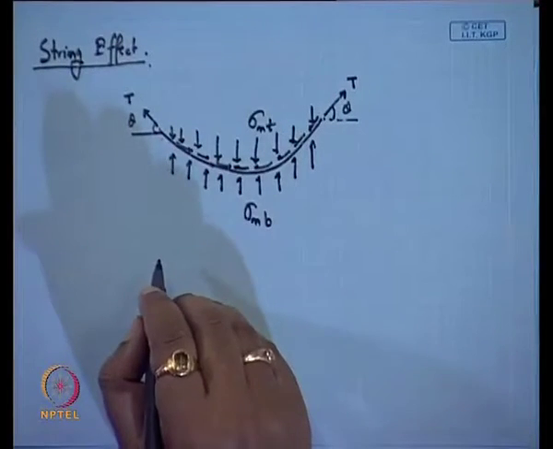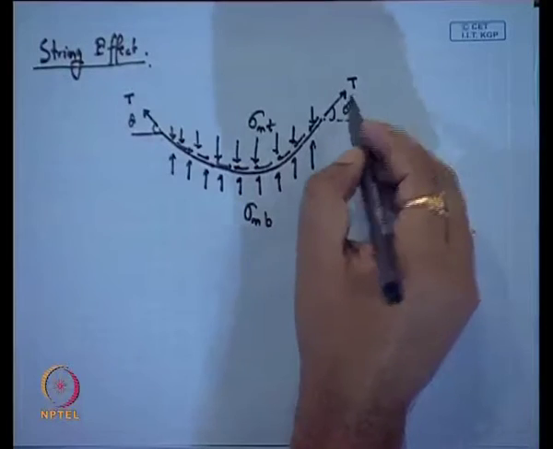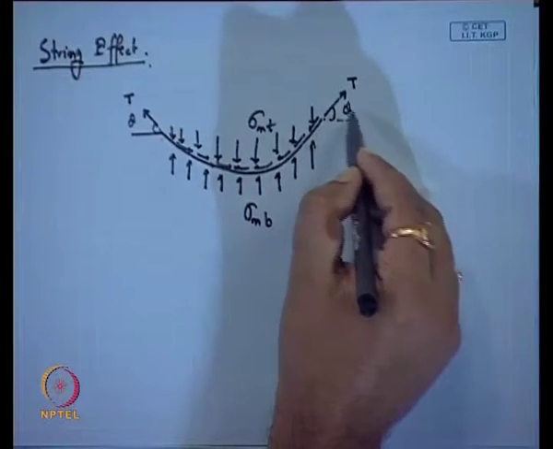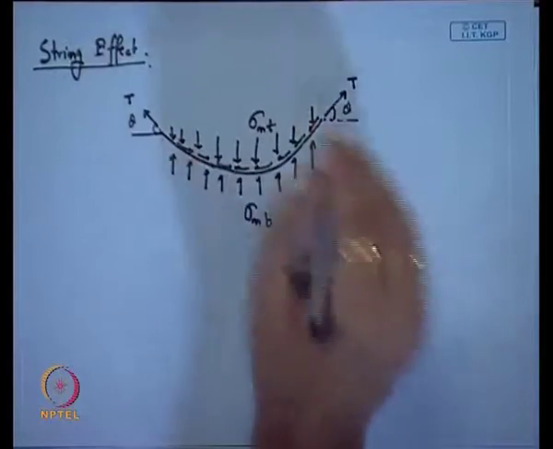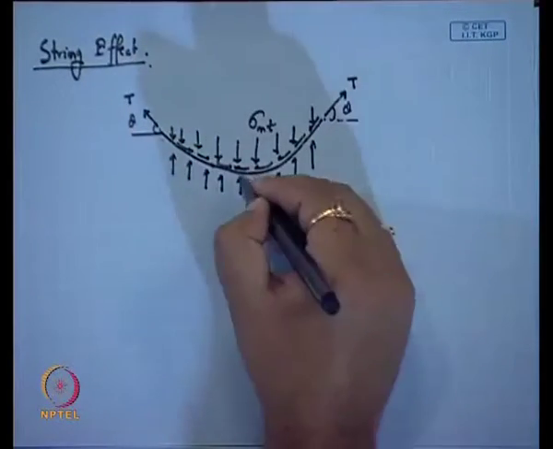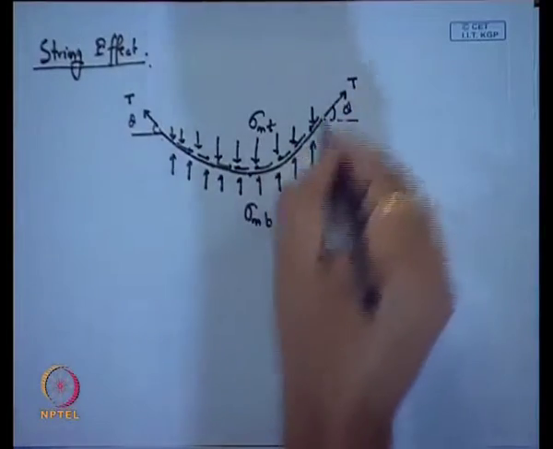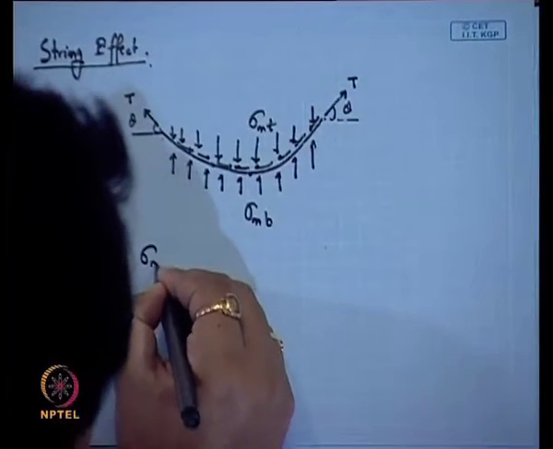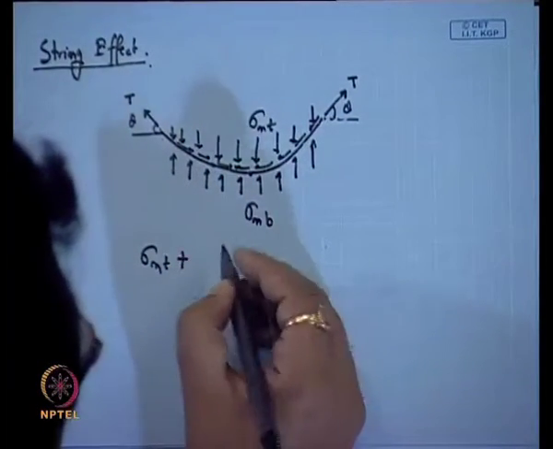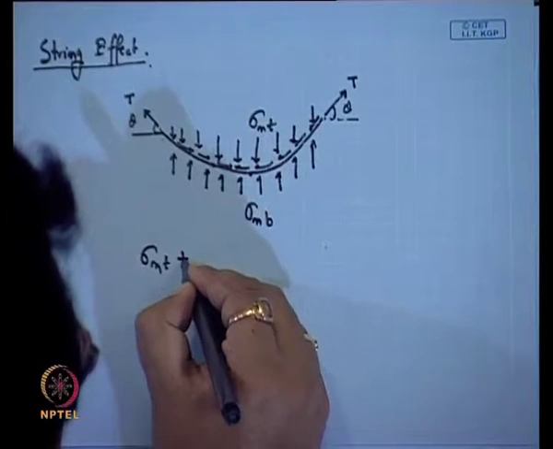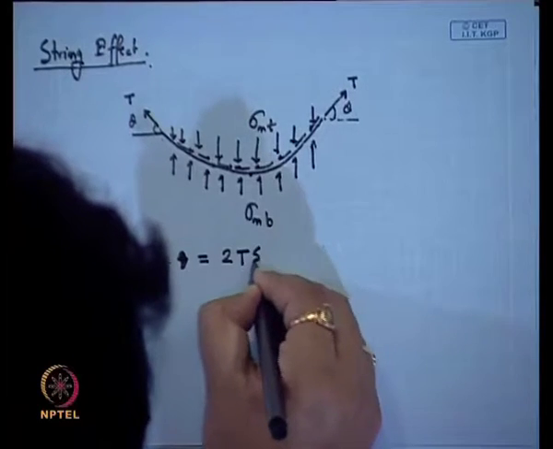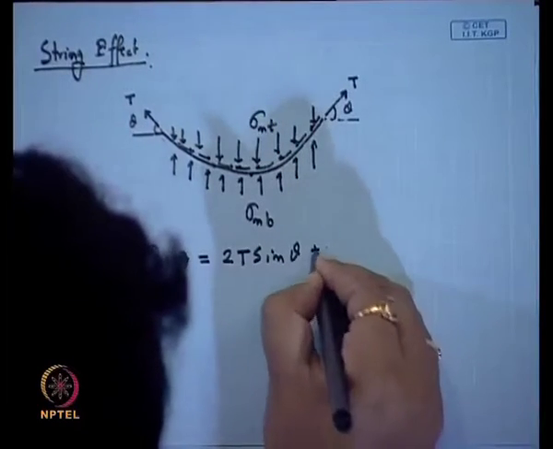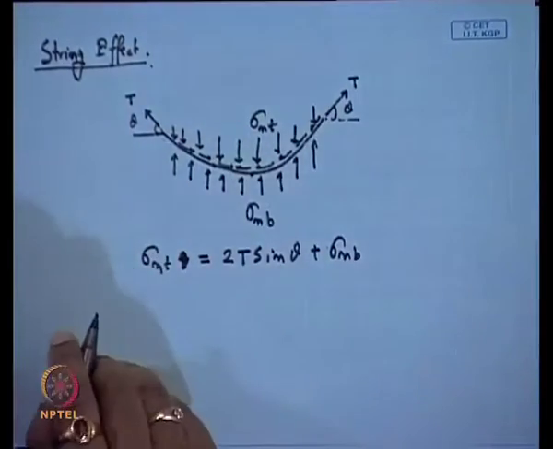Now, if I take the cosine component of these two, these two forces will be cancelled out if it is symmetric. If I take the sine component, sigma n t is equal to 2 T sin theta plus sigma n b.